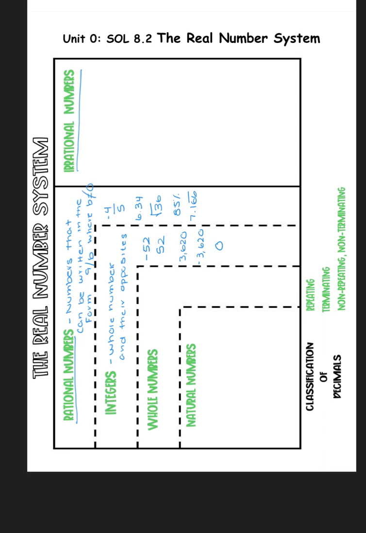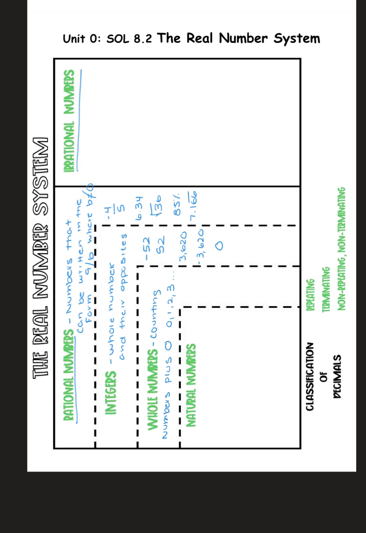Whole numbers are your counting numbers plus 0. So you're going to have 0, 1, 2, 3, and so on and so forth. It's going to be your positive numbers. Again, what separates your integers from your whole numbers is that integers include whole numbers and their opposites, whereas whole numbers just include the positive, so 0 going all the way up to infinity.